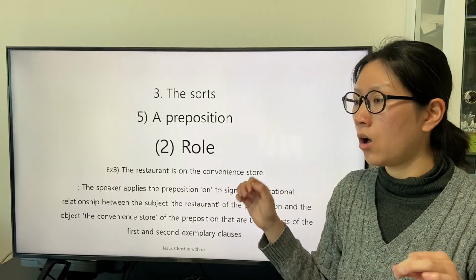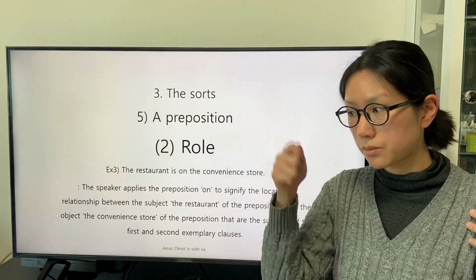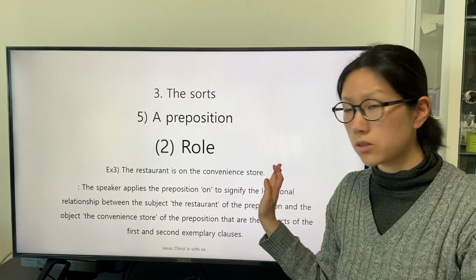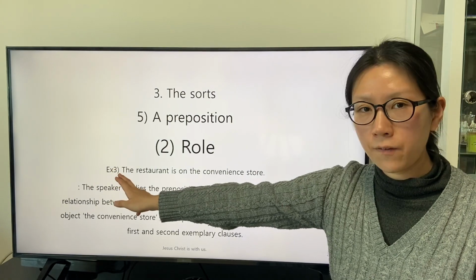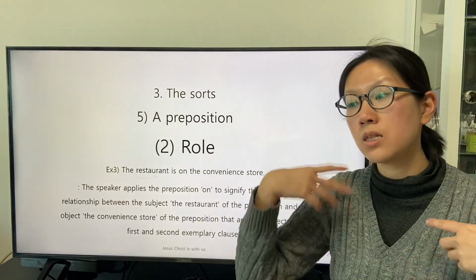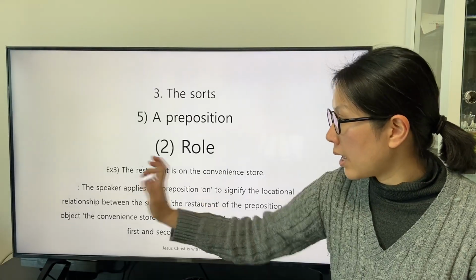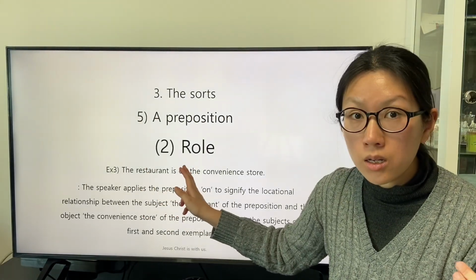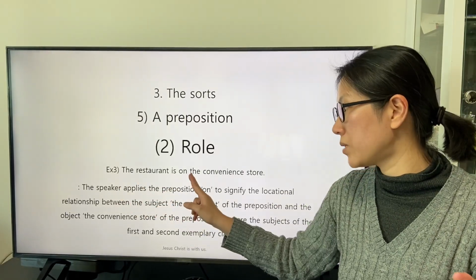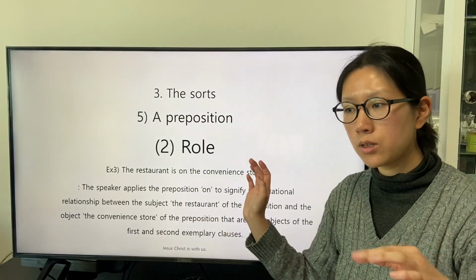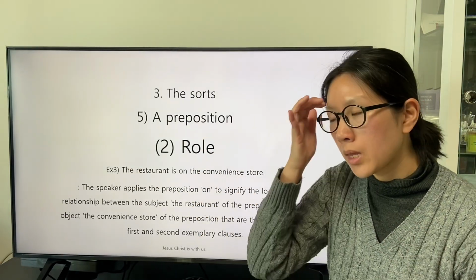So we can understand that the speaker who states this clause is the subject, and the subject of this clause, the restaurant, is the object of the statement by the speaker. And the preposition on mediates the subject, the restaurant, and the object, the convenience store, in the subject-object relationship.